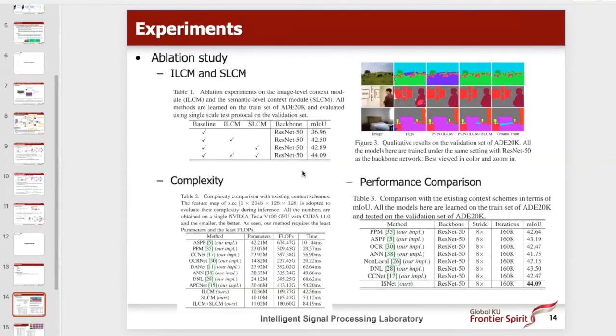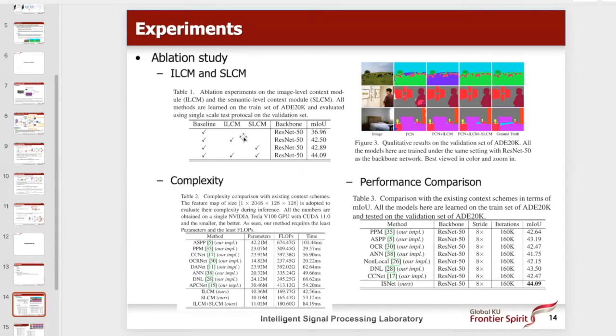Let's come to the experiment results. I will show you some ablation studies about the 2 different context modules of this method.